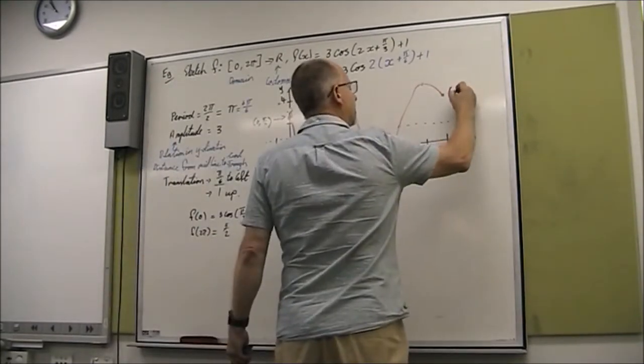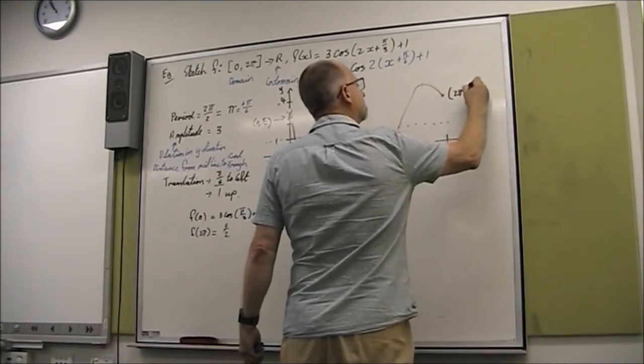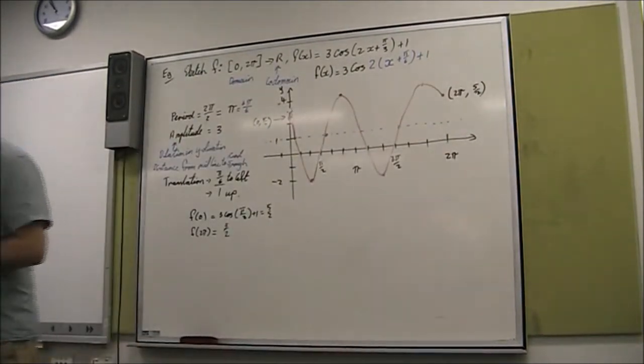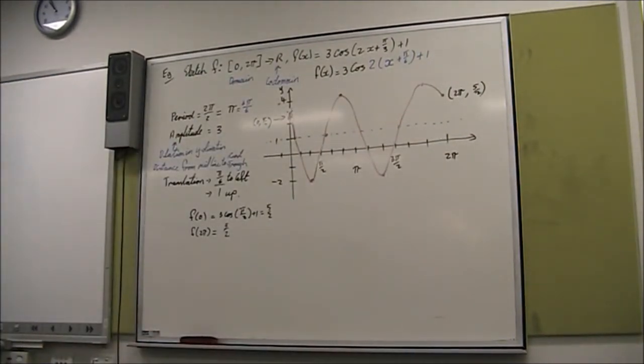So that point there is 2 pi, 5 over 2. And of course you should always label those endpoints.